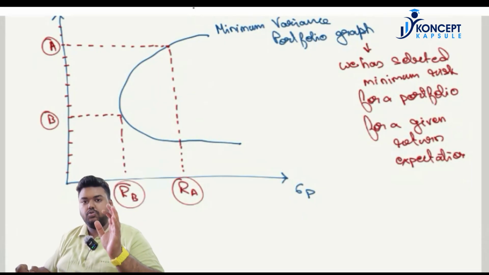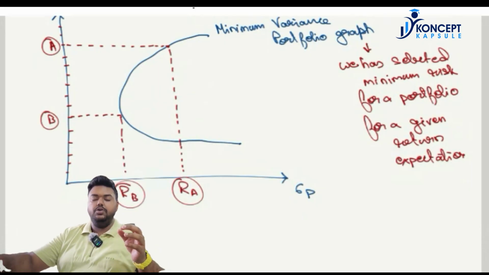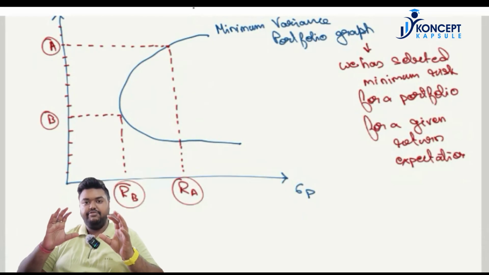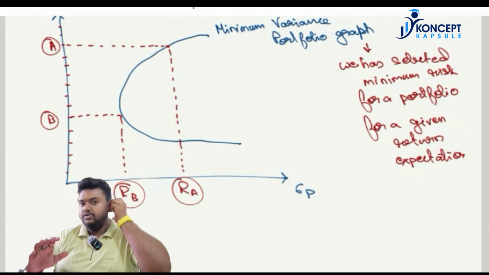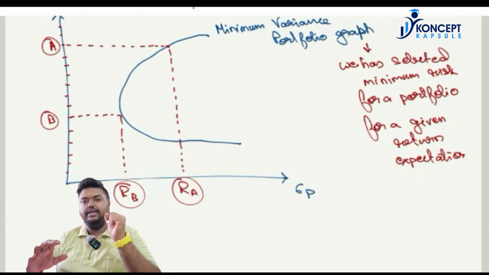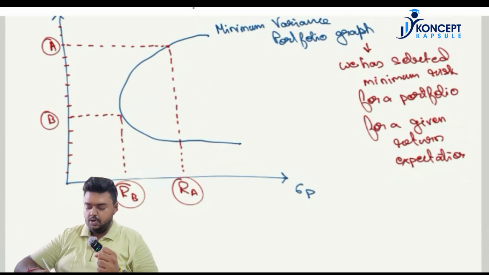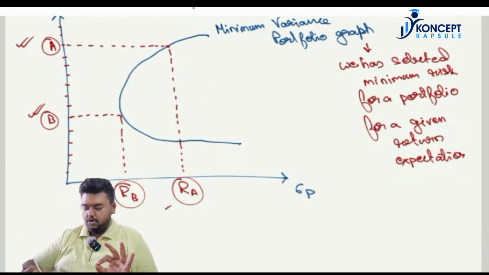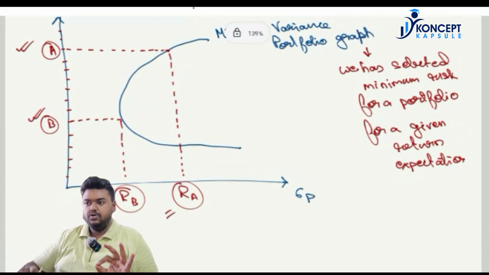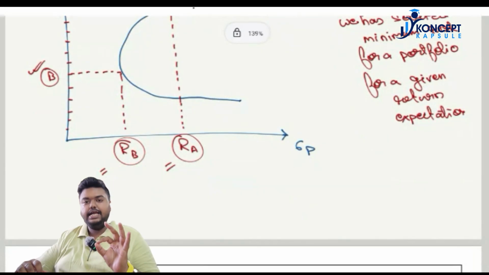So, what does it say? In one line, this graph shows the best possible risk scenario that you can achieve for a given return expectation, which means that if you want to earn A or B, the minimum risks that you need to take will be RA or RB. I'll repeat it again.